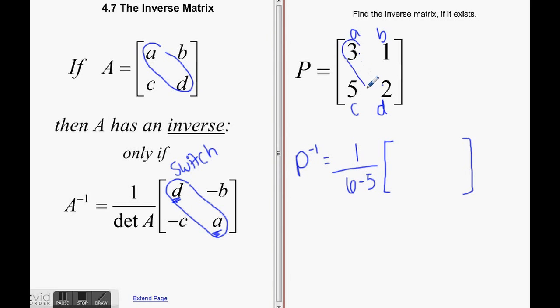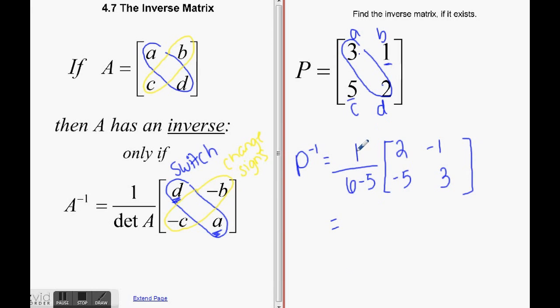So, on my diagonal, I'm just going to reverse the order of the 2 and the 3. Next, I'm going to take the elements b and c from the original matrix, and all I'm doing to find the inverse is changing the signs. So this would make my b value a -1 and my c value a -5.